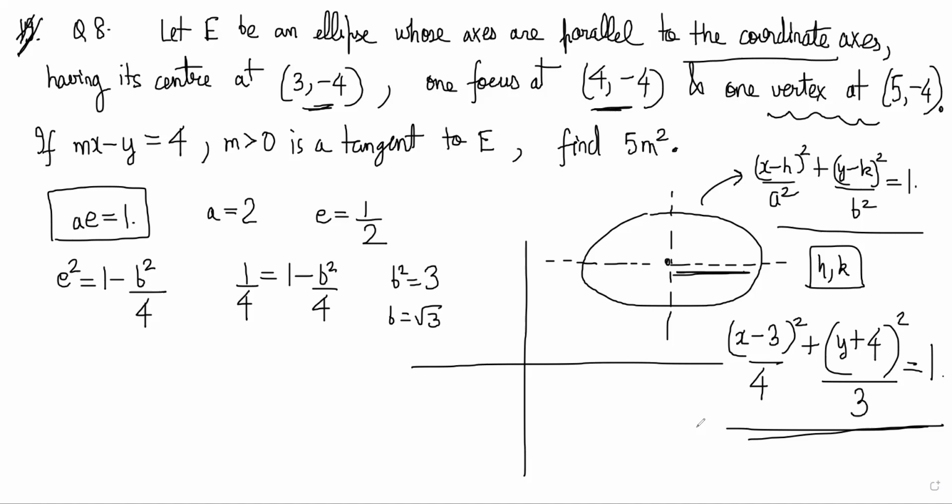You know the standard equation of tangent, y is equal to mx plus. But here you have to realize that the standard equation will not work. You have to modify it a little bit, because instead of y, you have y minus k, and instead of x, you have x minus h.